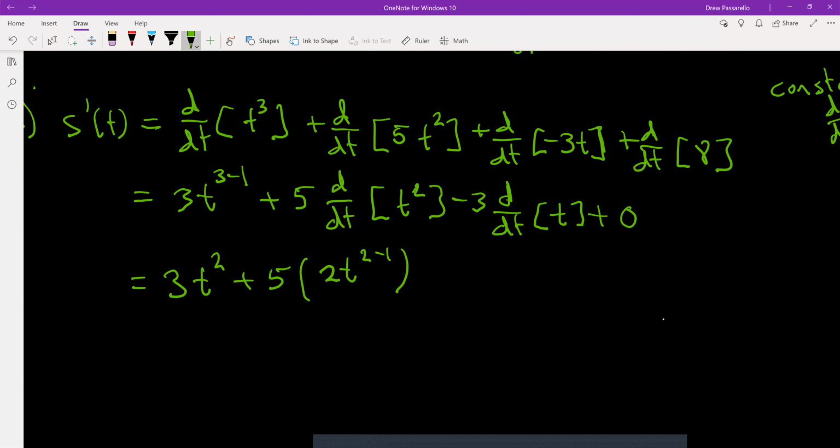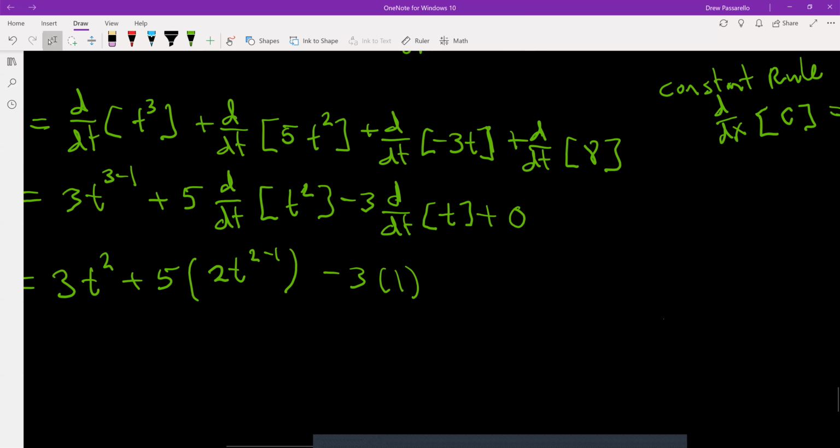All right, and then for the next term, I take the derivative of t, and the derivative of t is 1. And that's the special case of the power rule. So this will be minus 3 times 1. And then plus 0, you can just go ahead and ignore the 0. The special case of the power rule is anytime you have a variable whose exponent is 1, like taking the derivative of x, you get 1. Taking the derivative of t, you get 1.